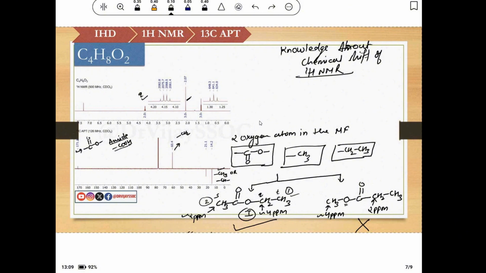So yes, we have 2 CH3, we can clearly see the downside signals belong to CH3, and we have 1 CH2. Yes, this is 1 CH2, and this is the ester signal. So hence we can clearly say that the correct structure of this molecular formula is this one, not this one.